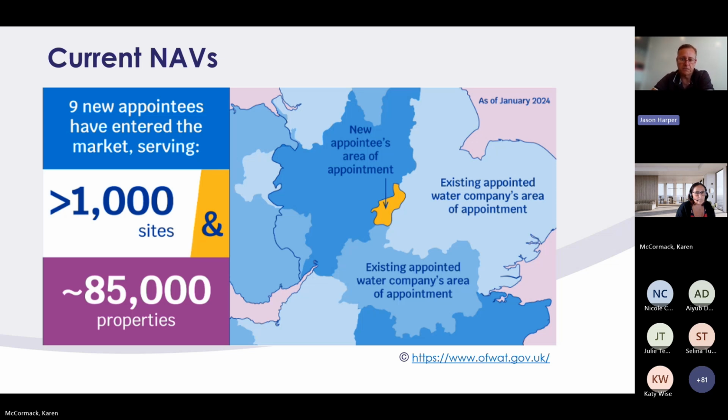It used to be a sort of 70-30 split between 30% NAVs and 70% developers dealing with the water incumbent directly. That's shifted the other way, and now it's more 70% NAVs and 30% developers dealing with the water incumbent directly. So it's forever growing, and I think we'll see more and more NAVs enter the market, and hopefully there'll be some really good competition from that.